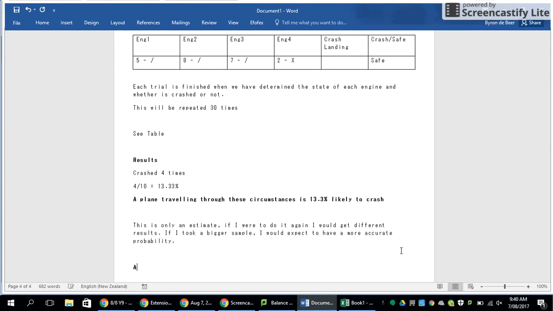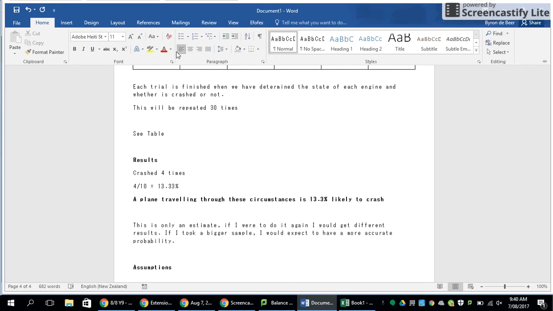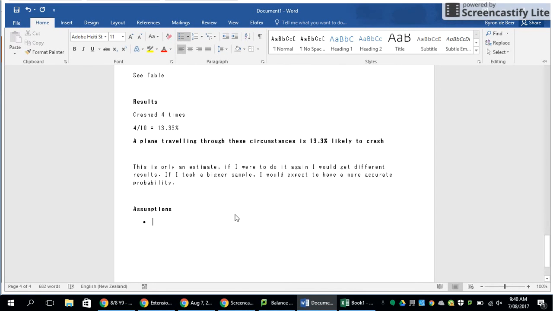These are the assumptions. So what are you assuming in this simulation? One thing that we can assume is that the engines have the same probability, which it might not, all right? But we're assuming in this simulation that each engine has 30% chance of failing.